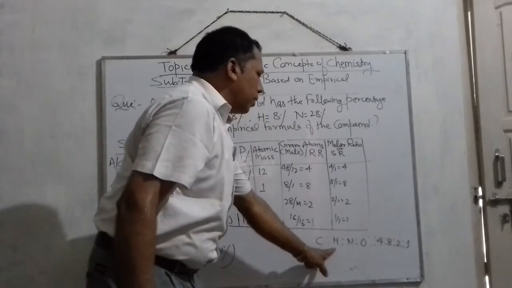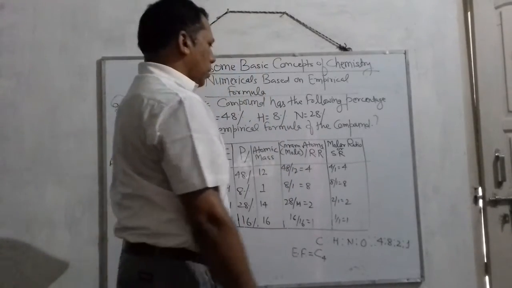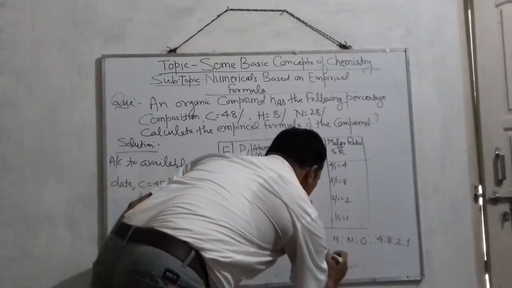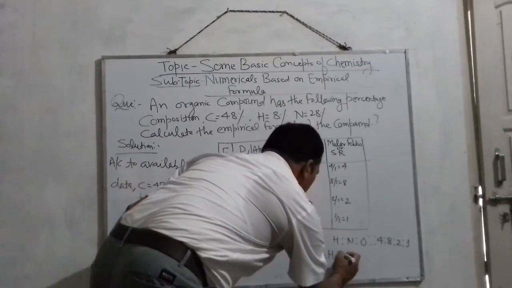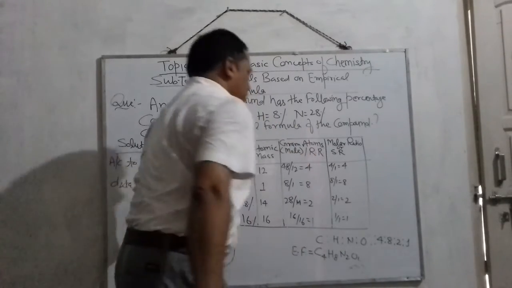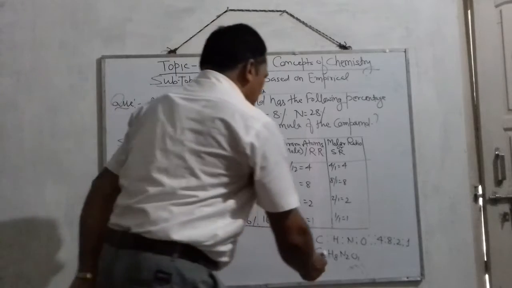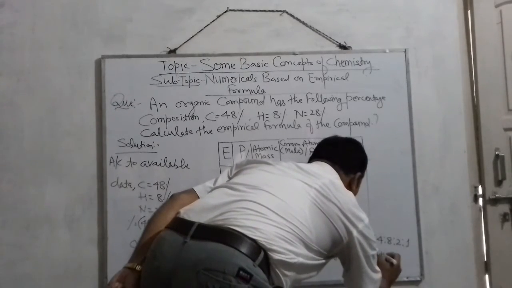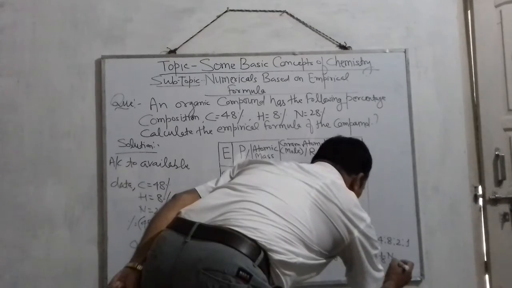Okay, next is hydrogen, that is 8, and nitrogen is 2 and O1. So the empirical formula of the compound becomes C4H8N2O.